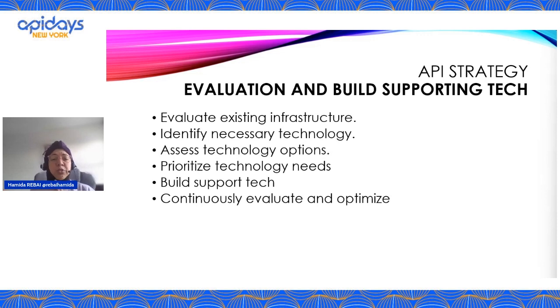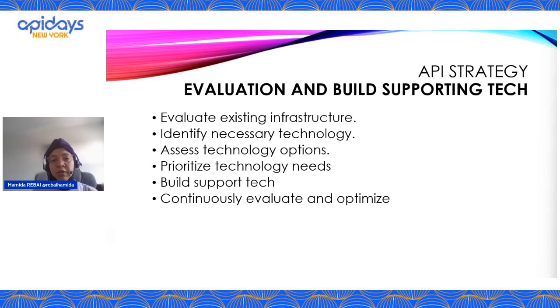We need to consider the specific needs of your API program to add internally for your strategy, such as security requirements, performance needs, and scalability. And we have to keep working on the research, assessing the different technology options that are available to support your API program.